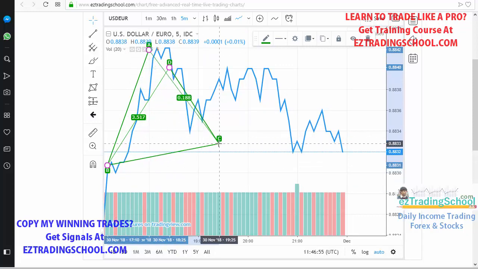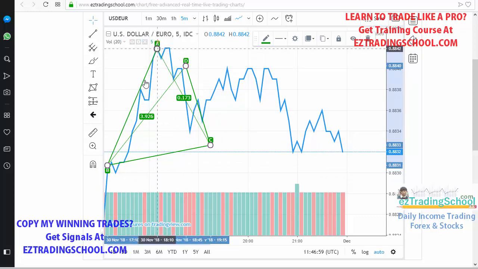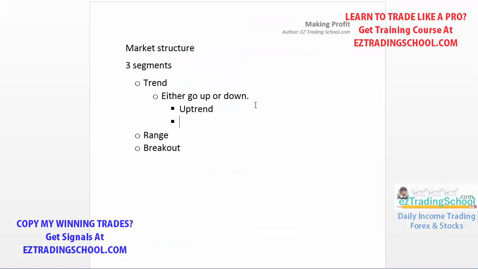But if we look at here, from here to here, we can see this is a downtrend. So this is what the uptrend and the downtrend is. Even though the prices go in the opposite direction at times, the trend is followed.